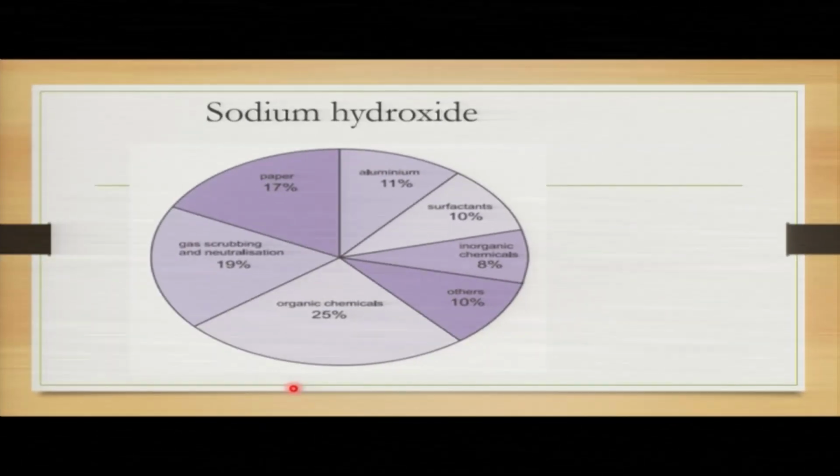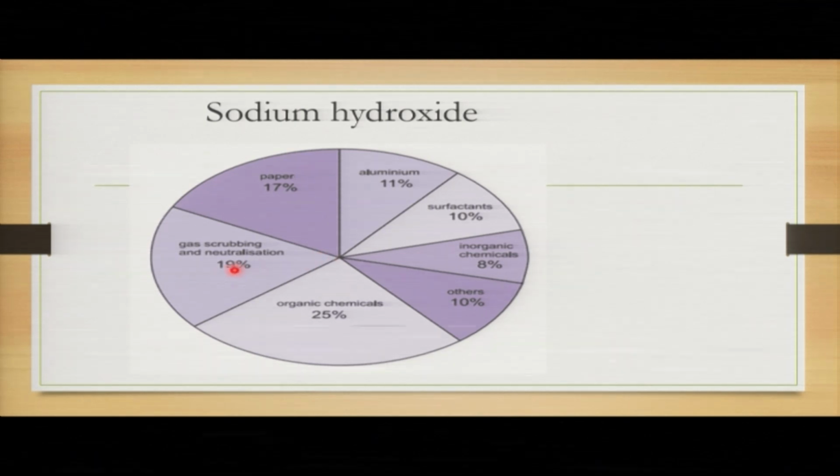Sodium hydroxide is a very important salt that we meet in most of the substances that we use at home. In terms of percentages, in the manufacturing of paper, sodium hydroxide takes 17%.